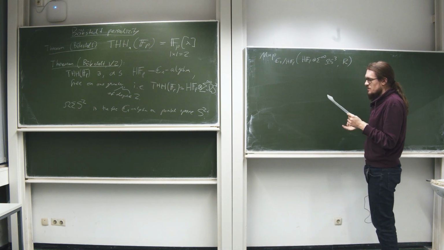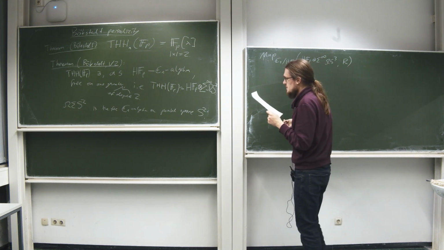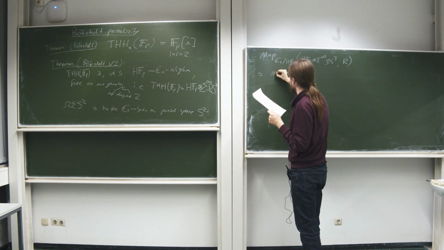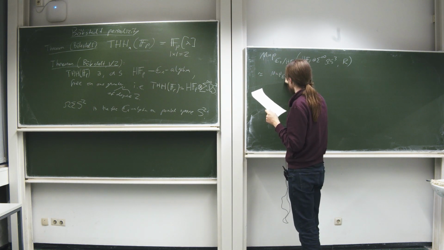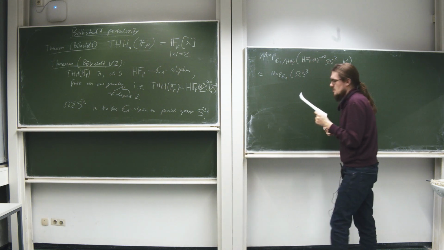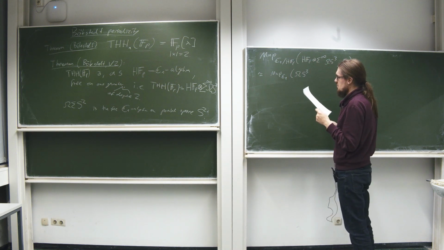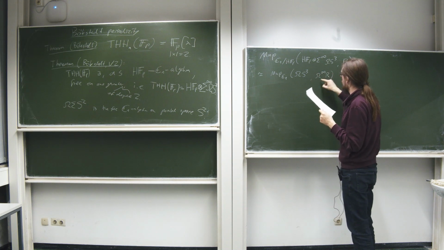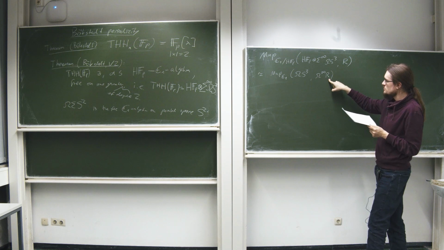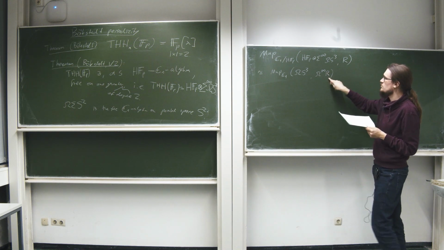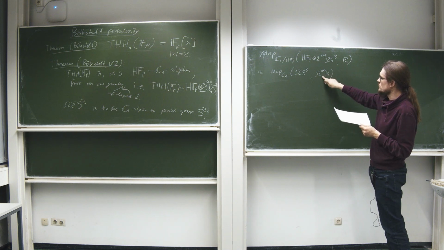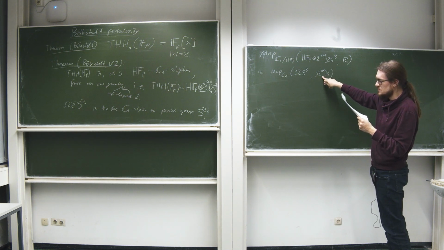And then by a chain of adjunctions, this is, first of all, simply the same as a map of just E1 algebras, loops S3 to loops infinity R, where this is endowed with an E1 structure due to the lax symmetric monoidal structure of omega infinity.